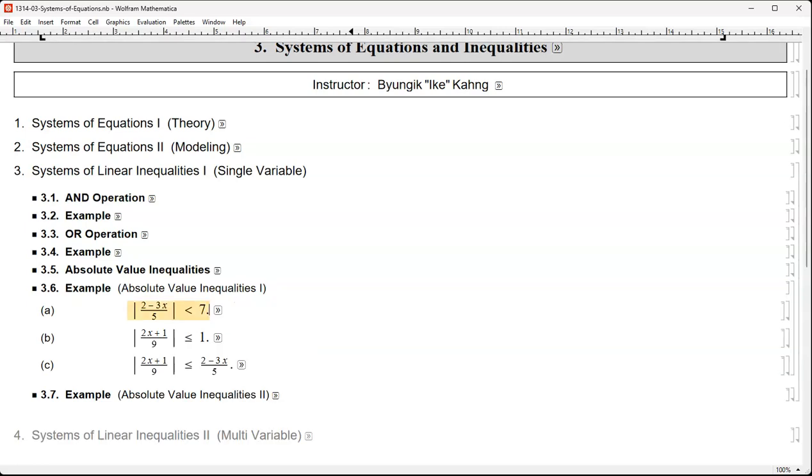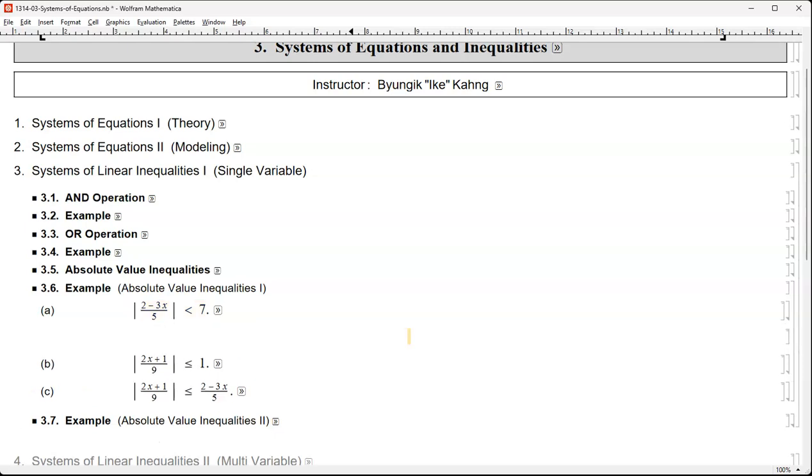How about these? Well, you can immediately change this into a double inequality like this.